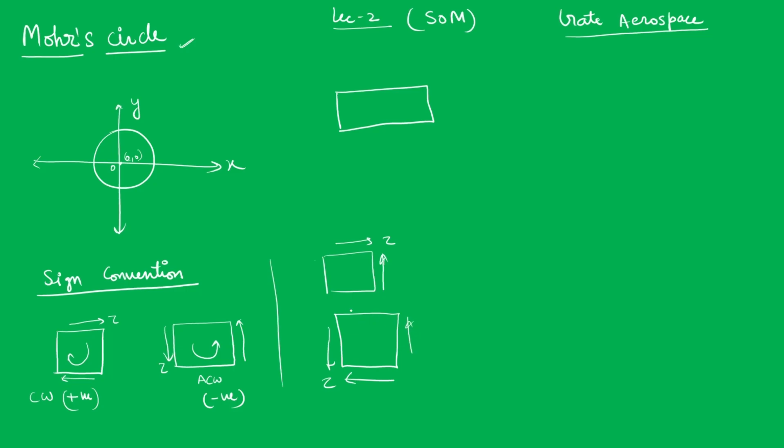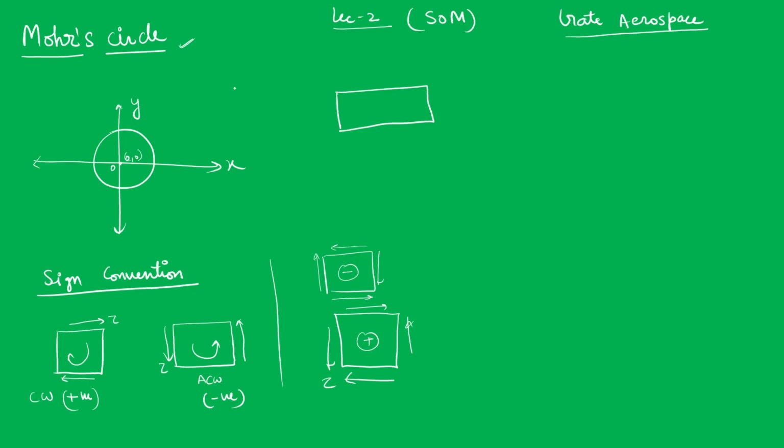This is the positive sign convention, and if I want the negative one, it will be something like this. So this will be the negative sign convention. This was the earlier sign convention that we were following.